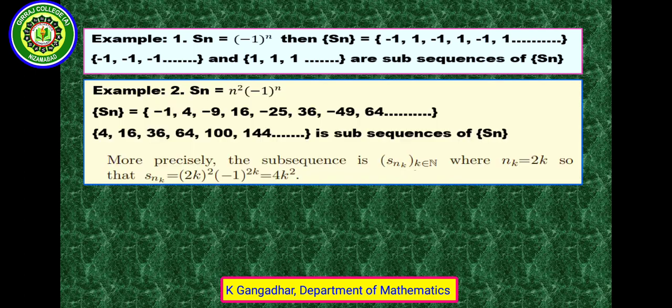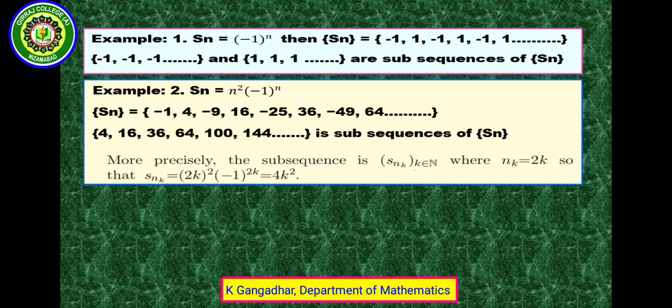Next example, Sn equal to n squared into (-1)^n. The terms of the sequence are -1, 4, -9, 16, -25, 36, and so on. Here positive terms and negative terms are there. We define a positive terms sequence and a negative terms sequence.